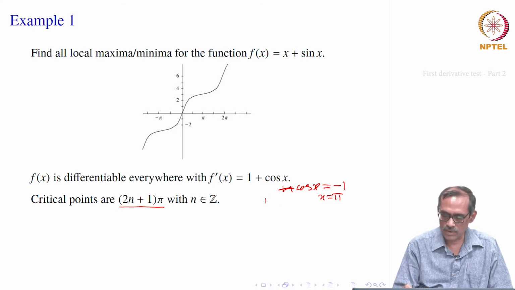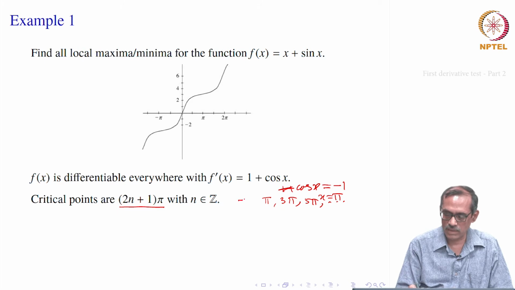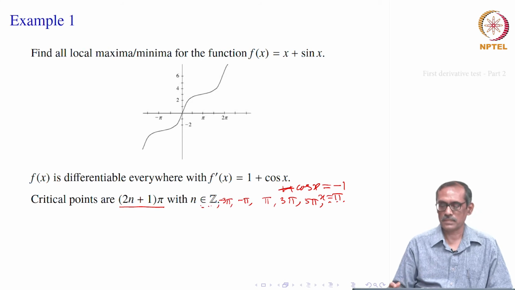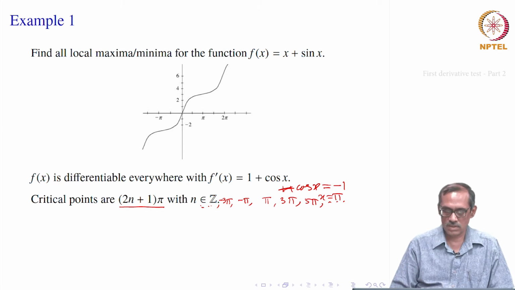So, this will have pi, 3 pi, 5 pi and so on on the one side. On the other side you have -pi, -3 pi, -5 pi and so on.